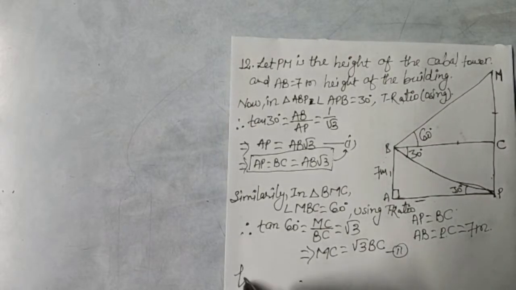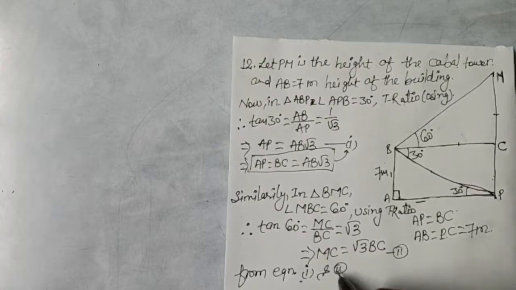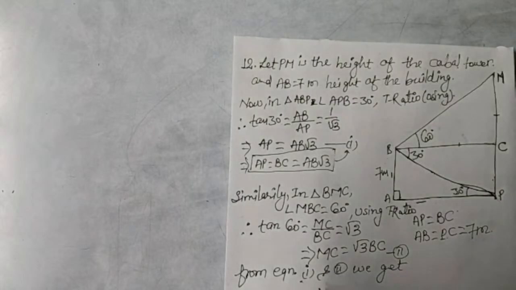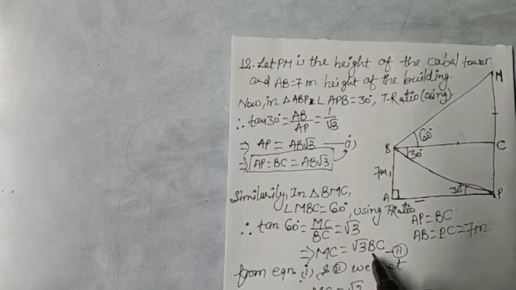From equation first and second, we get MC equals root 3, and putting the value of BC here.